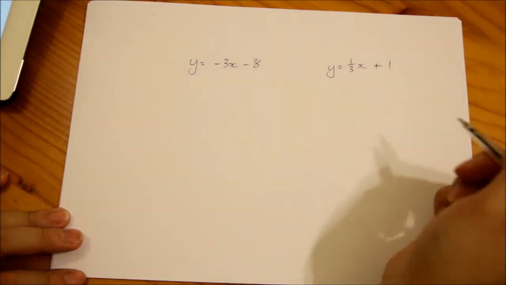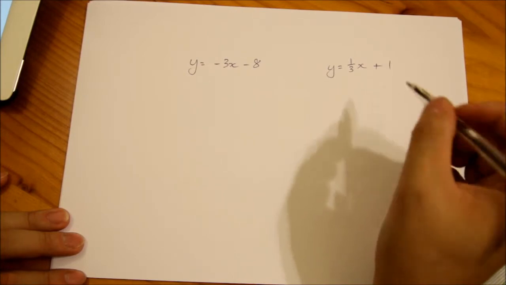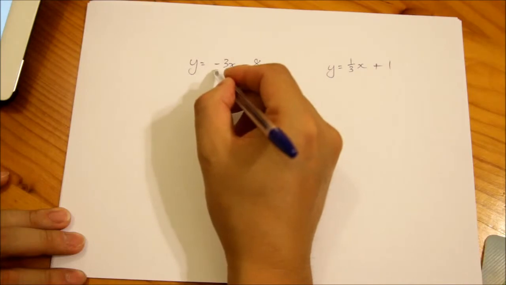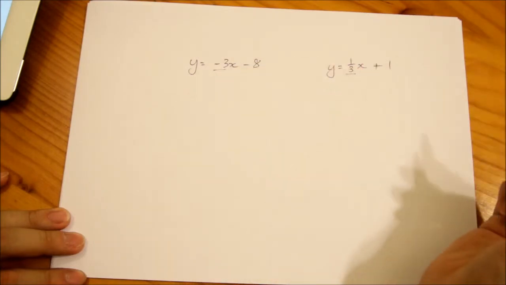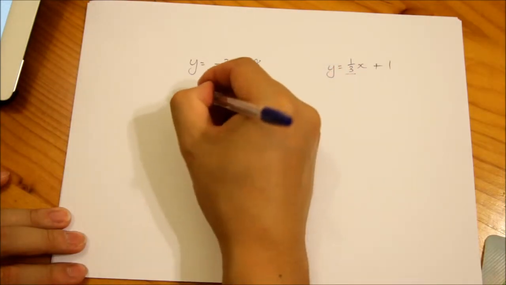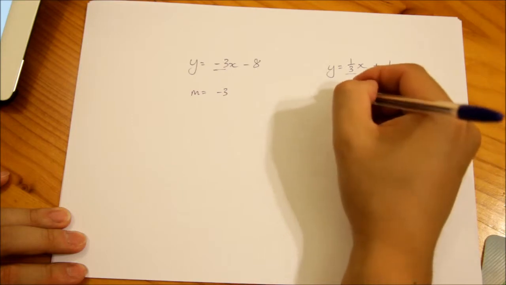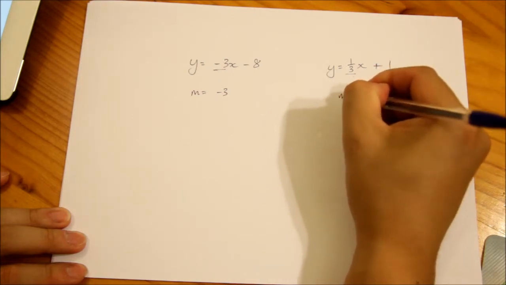Remember what I said from the previous video segment, that we're focusing on the gradients of the equation, okay? And so the gradient here is minus 3, and the gradient here is a third, okay?